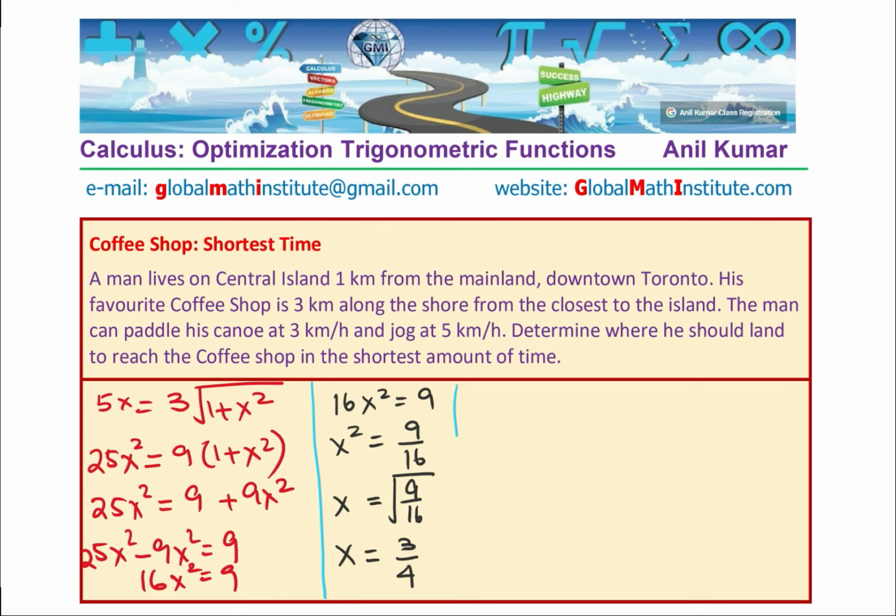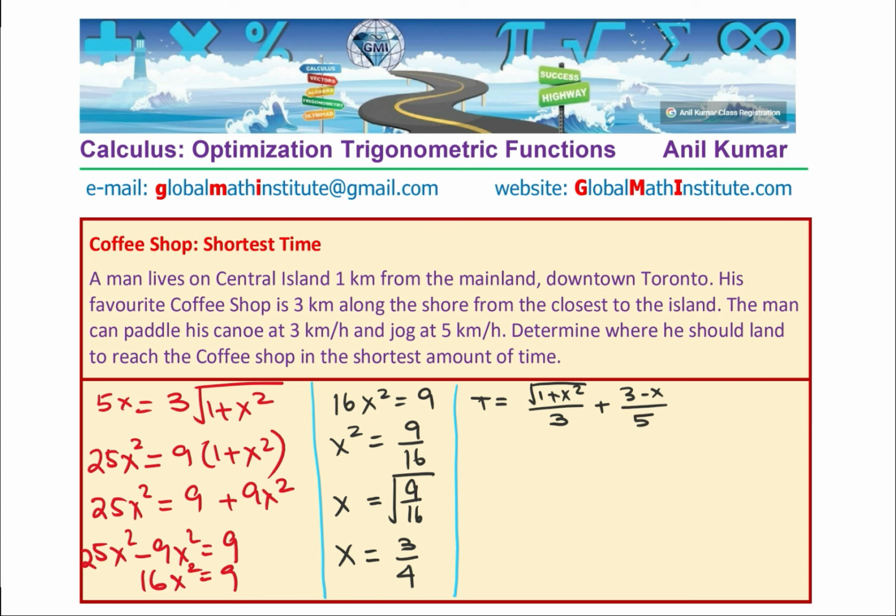So the critical number is 3 over 4. The formula for time was, let's write down the formula for time taken: square root of 1 plus x square over 3, plus 3 minus x over 5, correct?